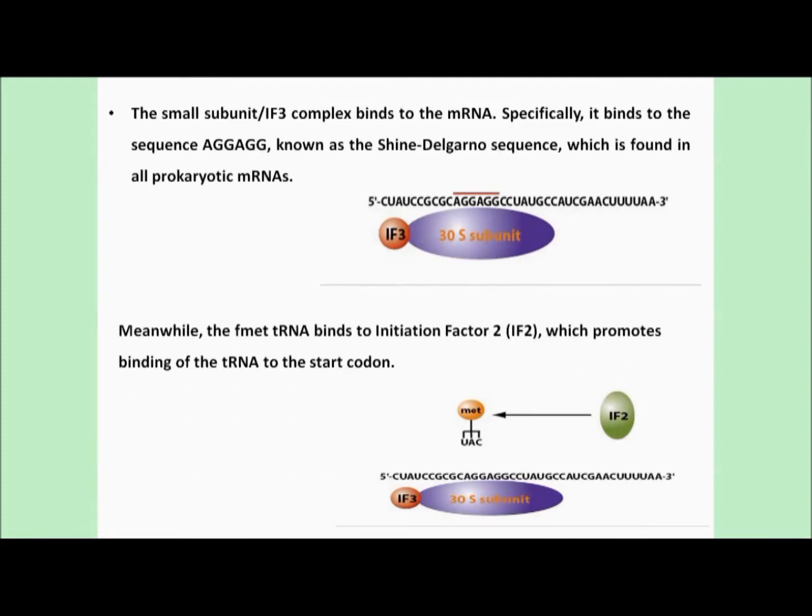Afterwards, the fMet, the formyl methionine tRNA, which is carrying the amino acid, will bind to initiation factor 2. Here it will bind, which promotes the binding of the tRNA to the start codon. Now it is going to bind to the start codon here. The next part will be played by the IF2 and the fMet tRNA.